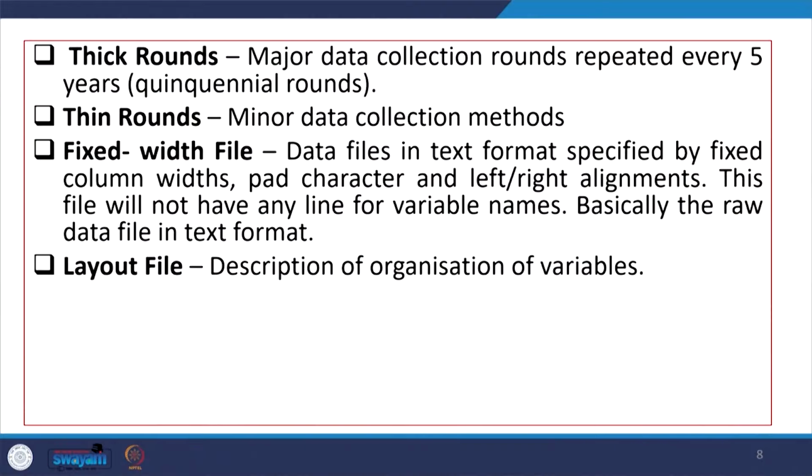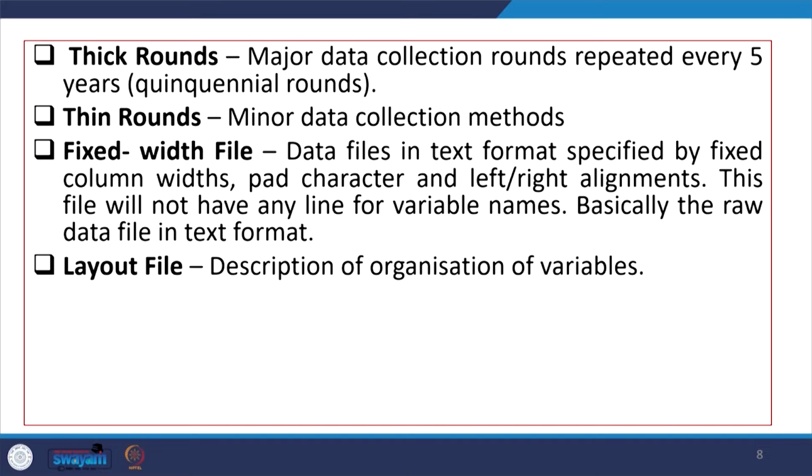Other concepts like thick rounds are major data collection rounds repeated every 5 years. Those are called quinquennial rounds. Thin rounds are the minor data collection rounds. Fixed width files deal with data files in text format specified by fixed column width, and padded characters or left or right alignment.